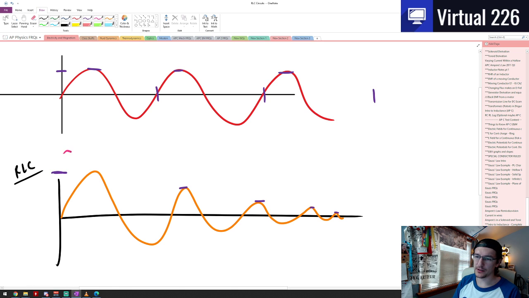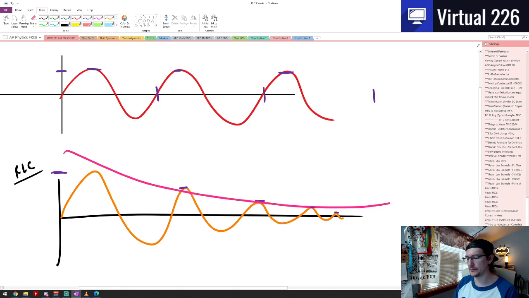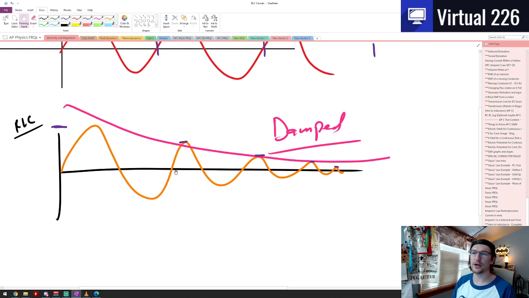It'll actually be a curve at which these amplitudes fall off on. This is a damped system. It is a system that is going to lose some energy and as a result some amplitude with time.